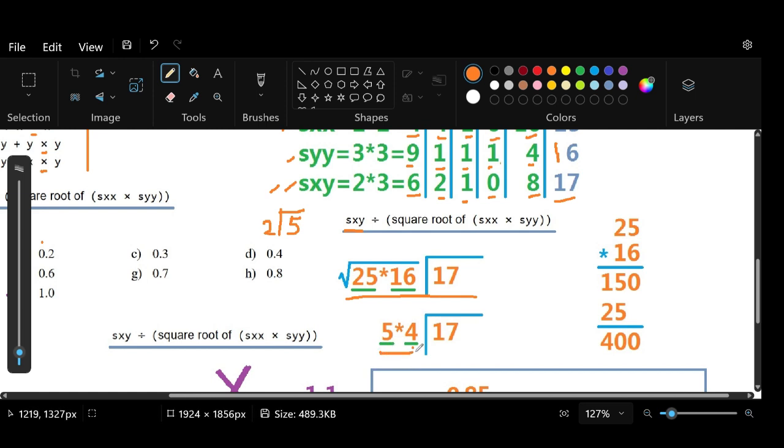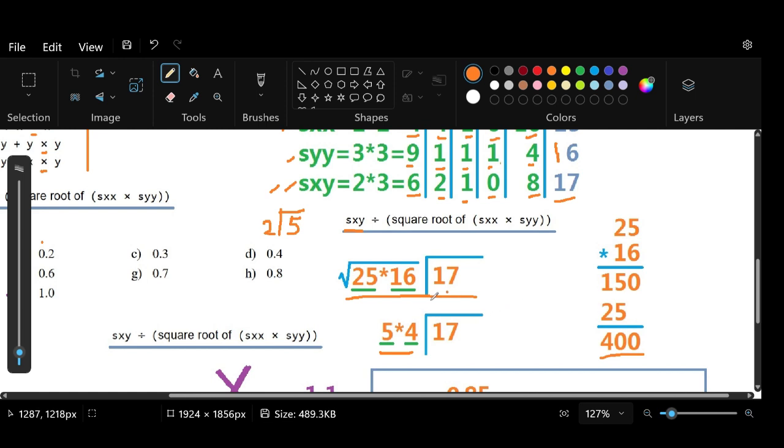But I wasn't too sure, so I thought that, okay, maybe I should multiply them first and then do a square root. So that's why I have something like this, where I did the multiplication and ended up with 400. And then when I had to do a square root, I thought that this might be too difficult to do.